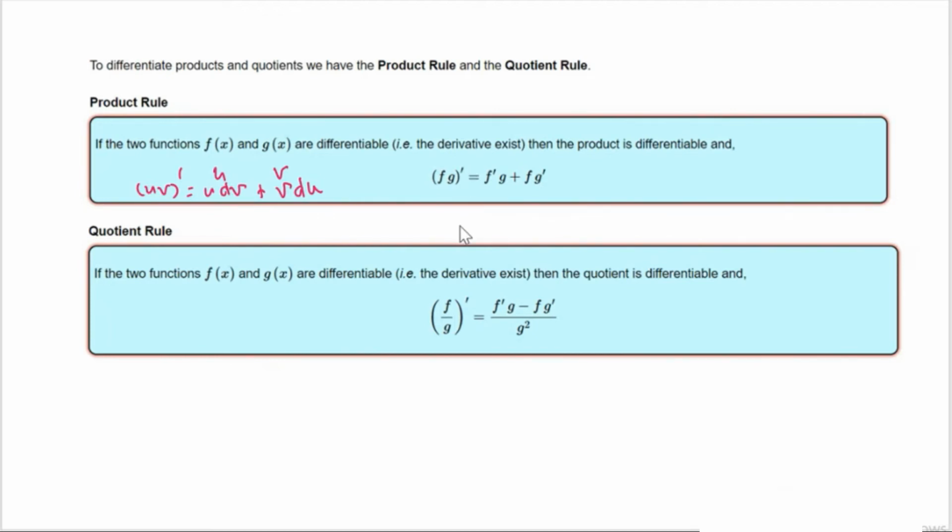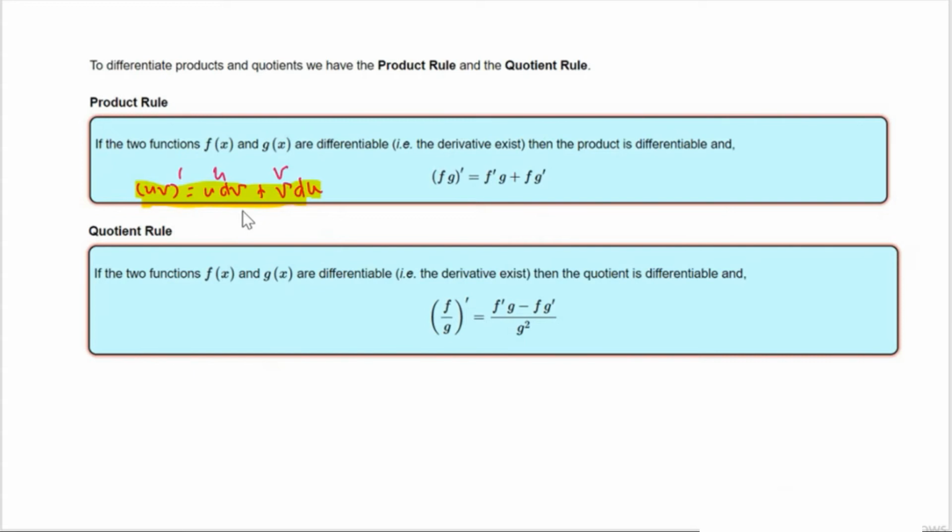Instead of writing the derivative of fg is equal to f prime of g plus fg prime, I would like you to remember this formula instead of the first formula that I wrote. So if the two functions are in terms of u and v, then to take the derivative of the product form, write first the first element, which is now u, then take the derivative of the second element, which is dv, plus you write first the second element, which is v, then take the derivative of the first element.